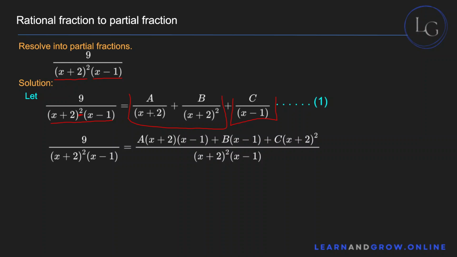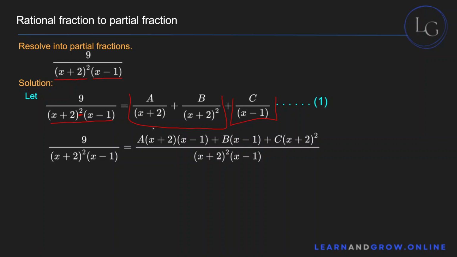We already have this x plus 2 expression over here. It needs to be multiplied with another x plus 2 and obviously x minus 1. So a will be multiplied with x plus 2 and x minus 1. B has x plus 2 whole square, so it just needs to be multiplied with x minus 1. And c is missing this x plus 2 whole square in its denominator. So c will be multiplied with x plus 2 whole square.